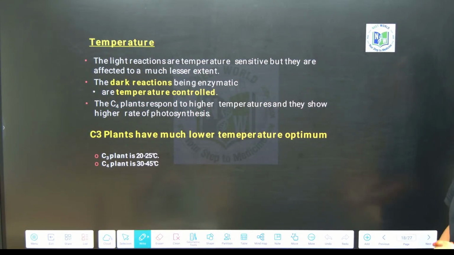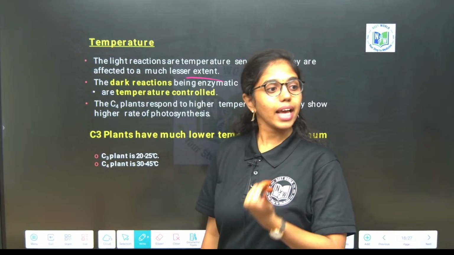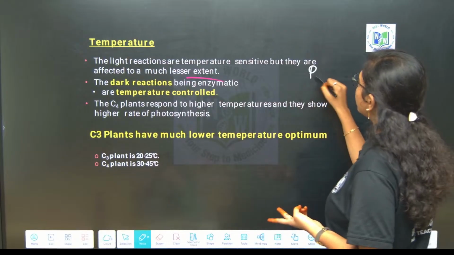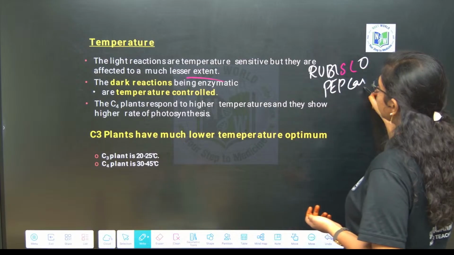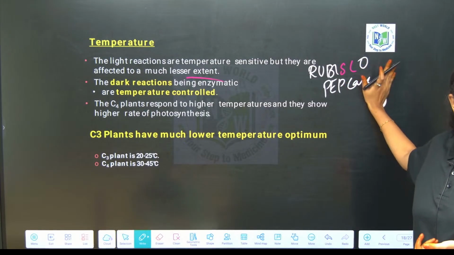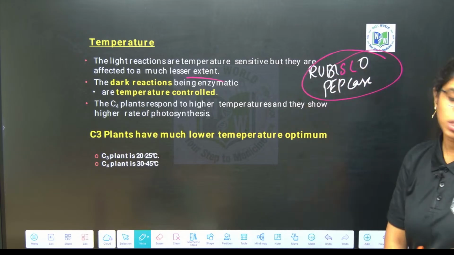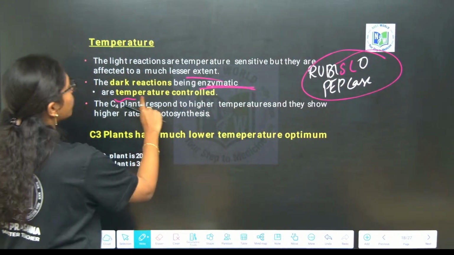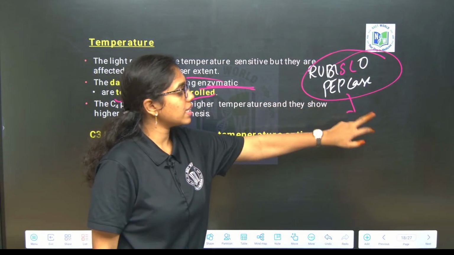And then temperature. The light reactions are temperature sensitive, but they are affected to a much lesser extent. Dark reactions are more temperature sensitive because, tell me two enzymes: Rubisco and PEPcase. These two are the enzymes involved in the dark reaction, or light independent or biosynthetic phase. These two are temperature sensitive, remember that. The dark reactions being enzymatic are temperature controlled, of which PEPcase is a cold sensitive enzyme.